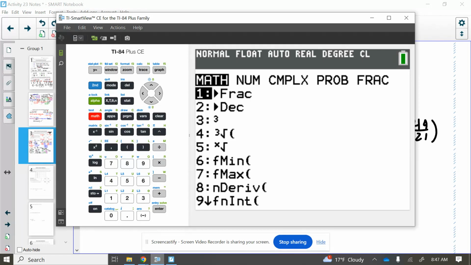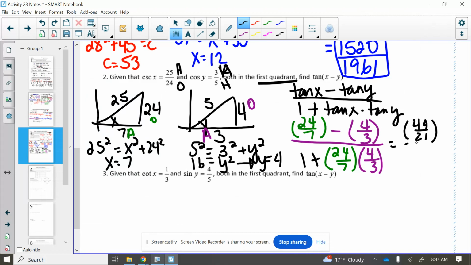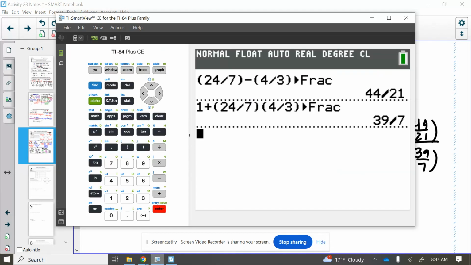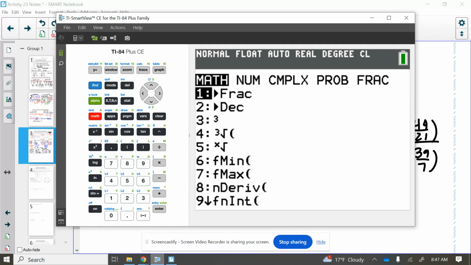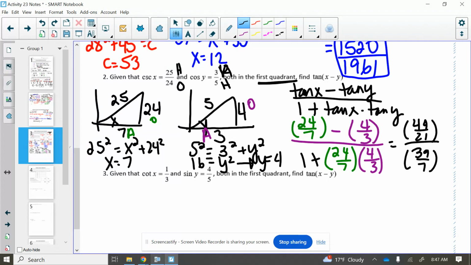And again, math, enter. I get 39 sevenths as my denominator, and then I can divide 44 over 21 divided by 39 over 7. Math, enter. We should get 44 over 117 as our final answer.